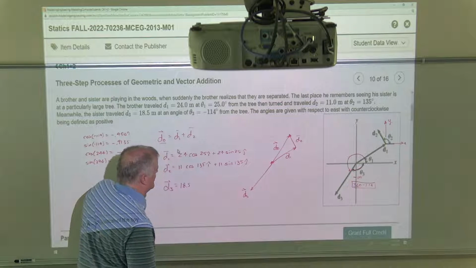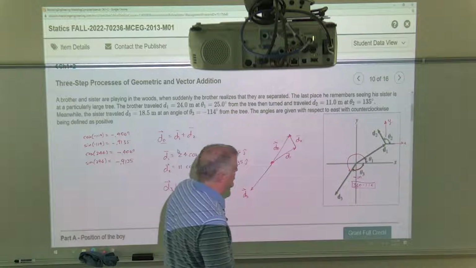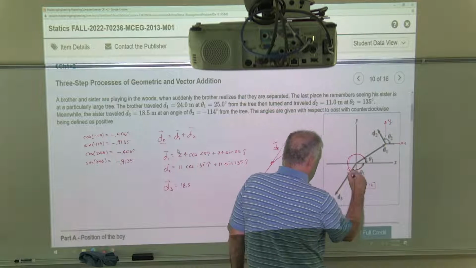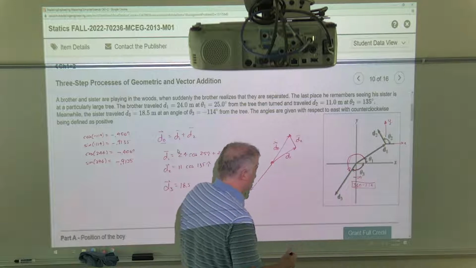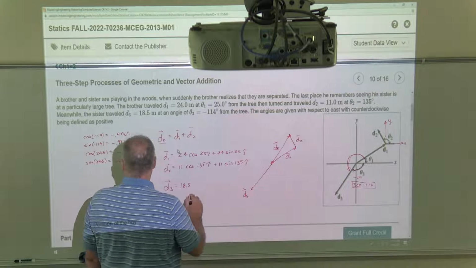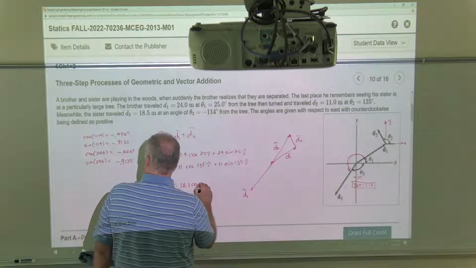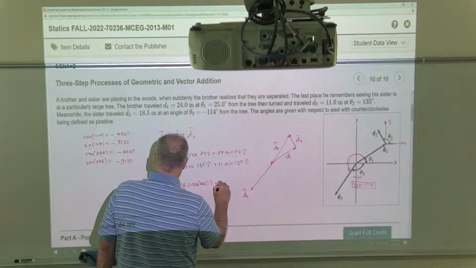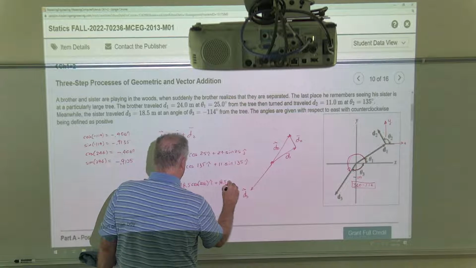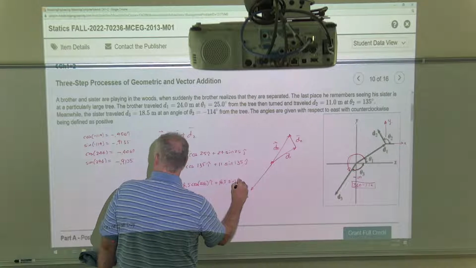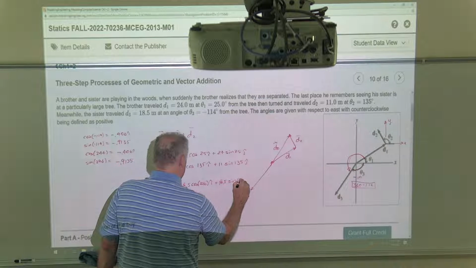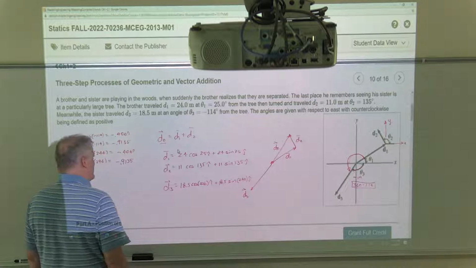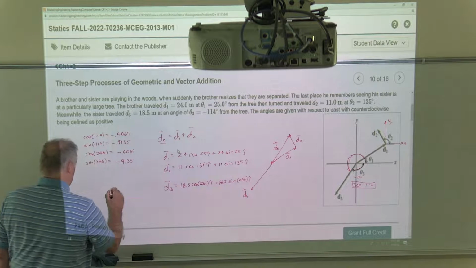Before I say anything about any particular one, I'm going to project it back using this angle, but you can project it back the other way and you'll get the same thing. So D3 is 18.5 cosine 246 i plus 18.5 sine 246 j.